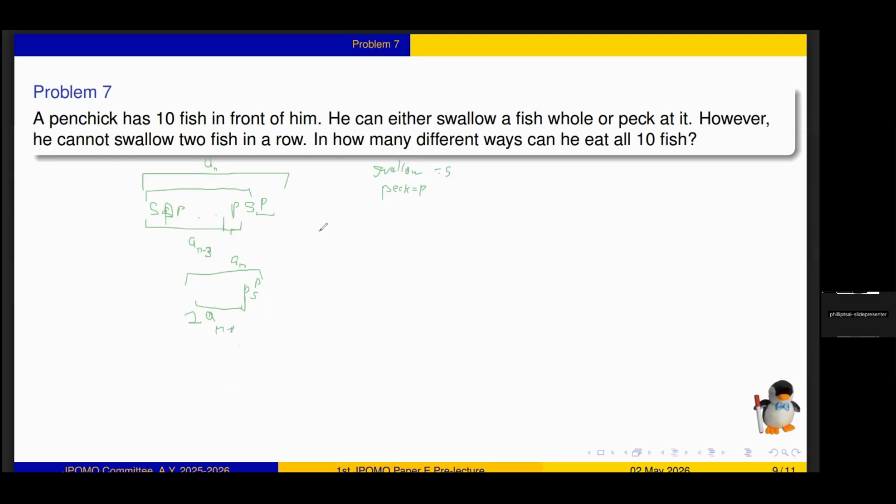So in other words, a sub n is equal to 2 times a sub n minus 1 plus a sub n minus 3. If I did that right, I'm not sure actually. But we know that we can do a recurrence from this, where a sub n is the number of ways you can eat all n fish, right?